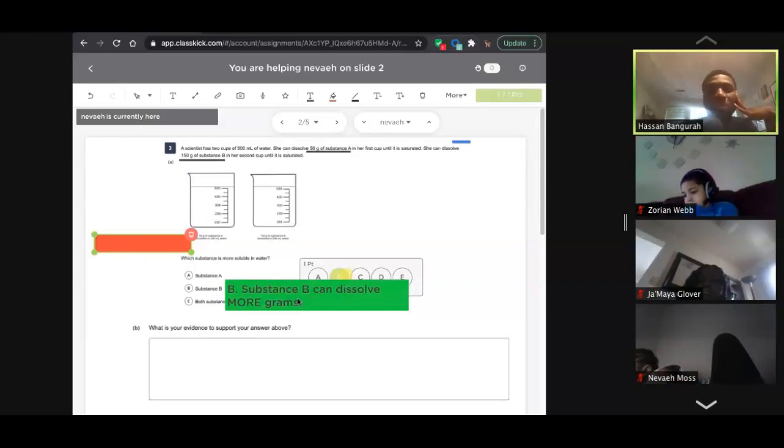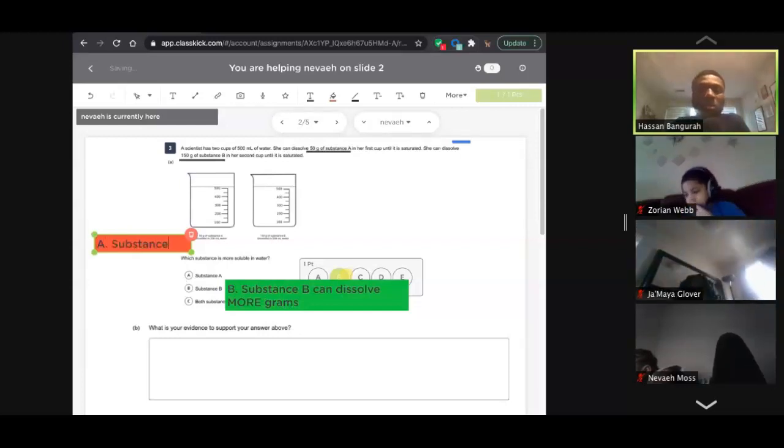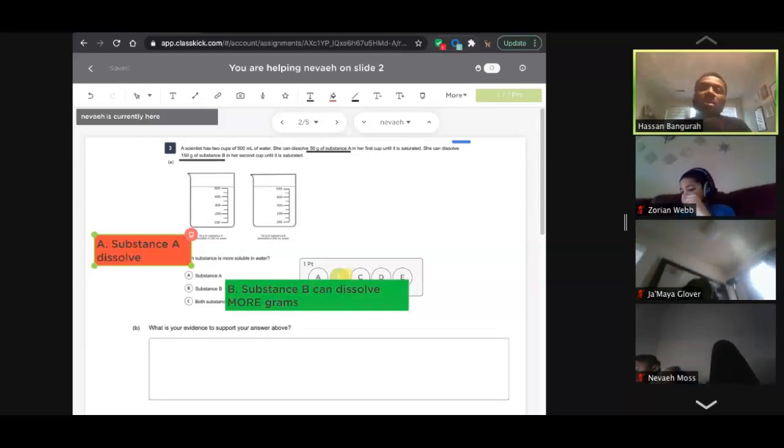If I know substance B can dissolve more grams, substance A can do what? Is it going to be more or less than substance B?